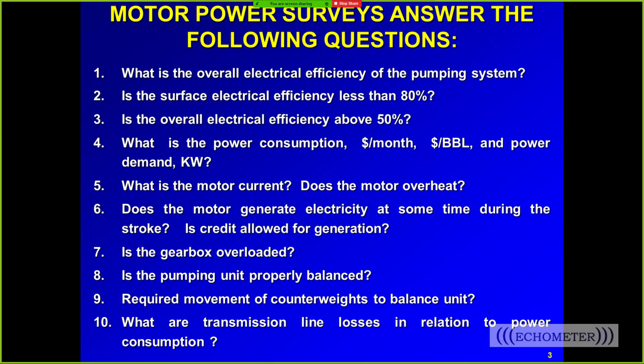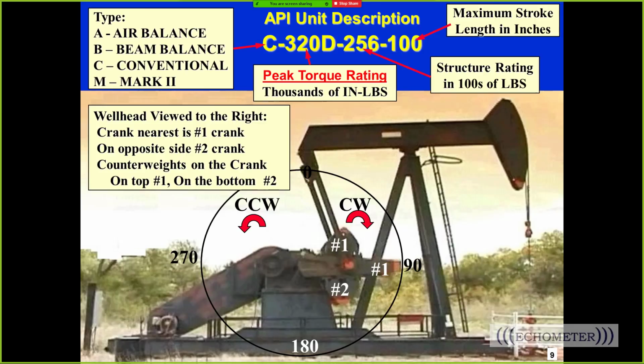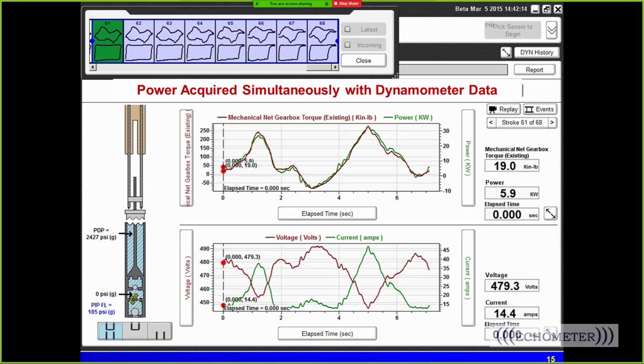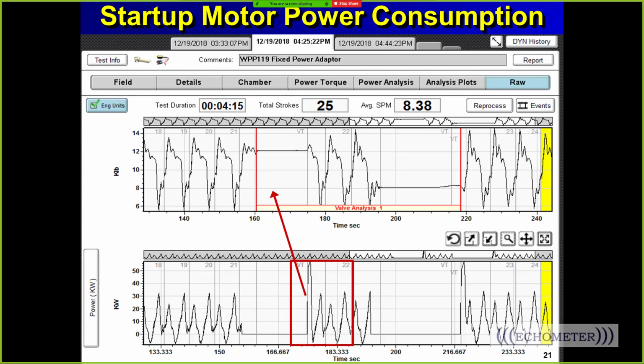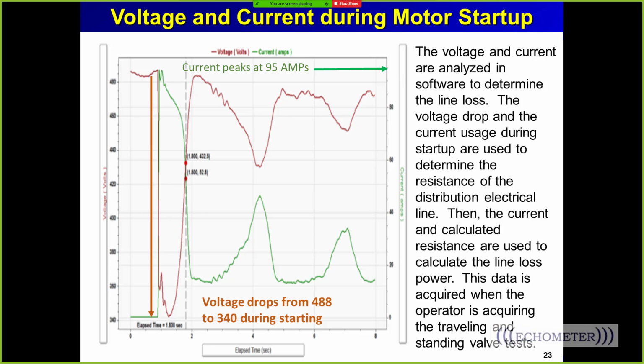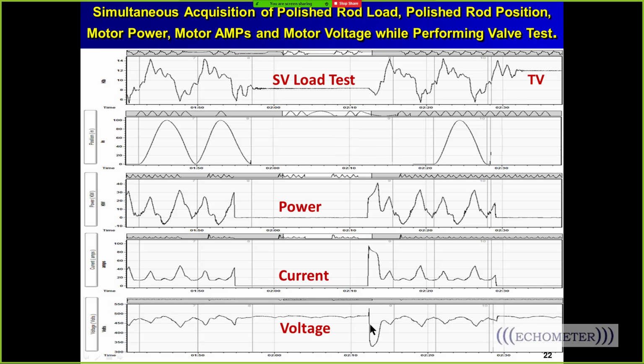The drop in the voltage occurs between the transformer and the pumping unit. At the transformer, the voltage is around 480 volts. See this right here, it's 480 volts. And then when you kick the motor on, you have a big inrush of current, and you have a big drop in the voltage right there at the pumping unit.